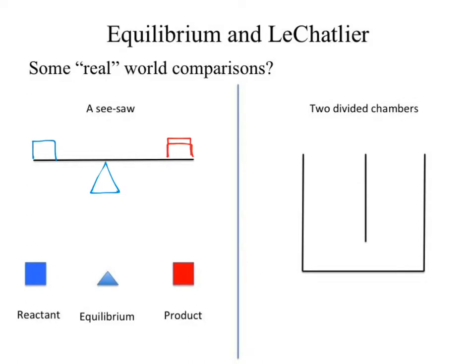Okay. What happens if my equilibrium instead is established here? Okay. I am currently not at equilibrium. The seesaw is unbalanced. What does the reaction do to balance?